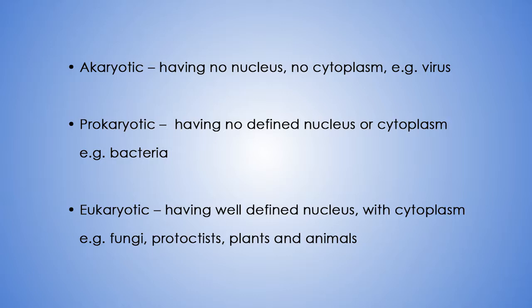We also have those referred to as prokaryotic, that is, those having no defined nucleus or cytoplasm, an example being bacteria. And finally, we have eukaryotic. Cells that are described as being eukaryotic have a well-defined nucleus with cytoplasm and all the other structures there is in there, examples being fungi, protists, plants, and animals.